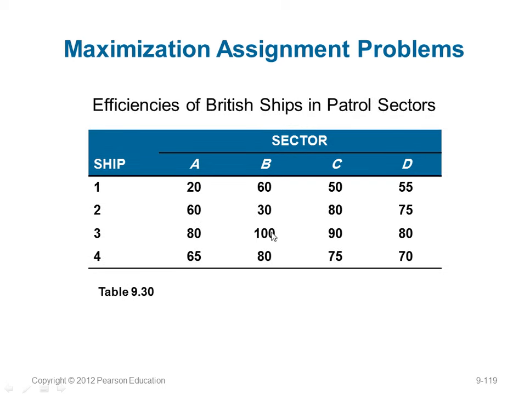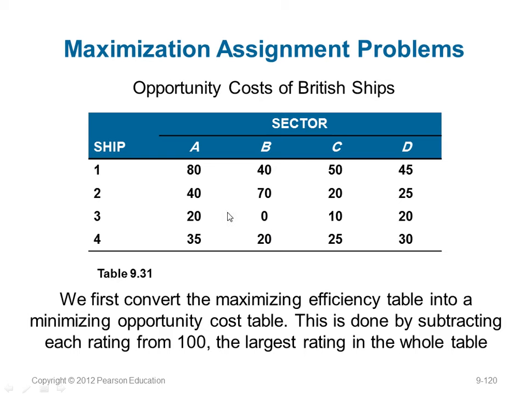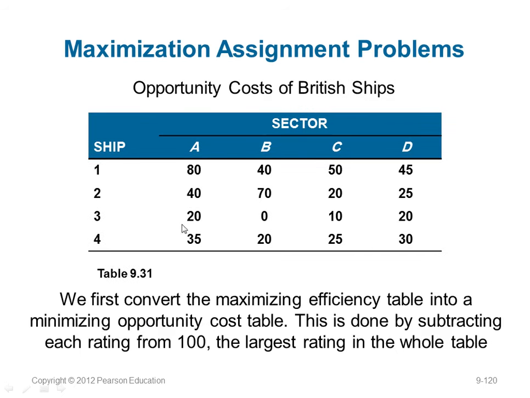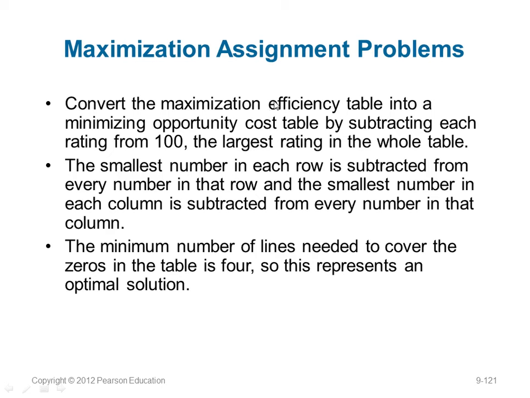The largest number here is 100. Take the number and subtract everything from that number. So 100 minus 20 becomes 80, 100 minus 60 becomes 40, and so on. This will be 0. So you got this value. So this is done, taking the largest number and subtracting everything from that number. So every other number is subtracted from the largest number.